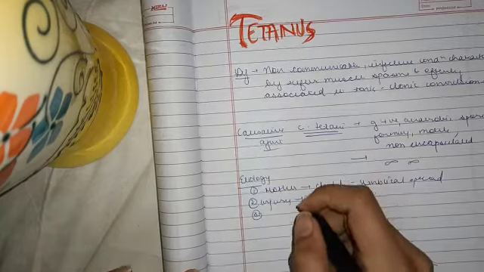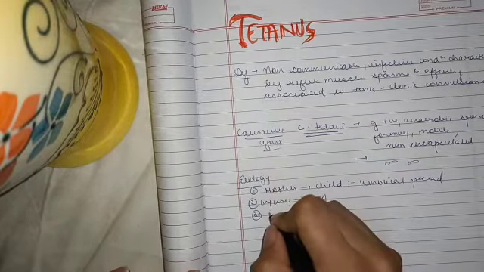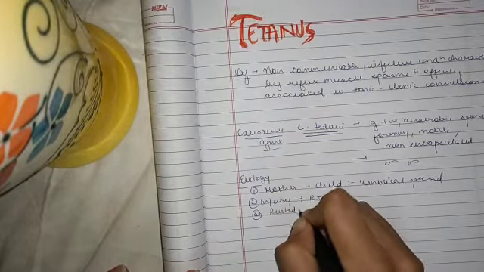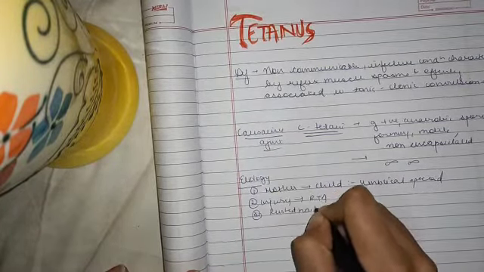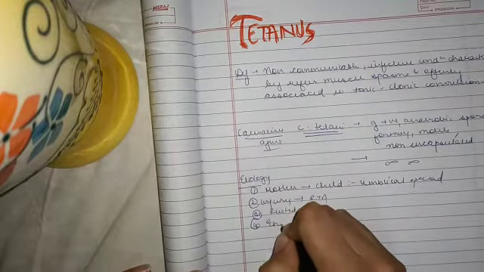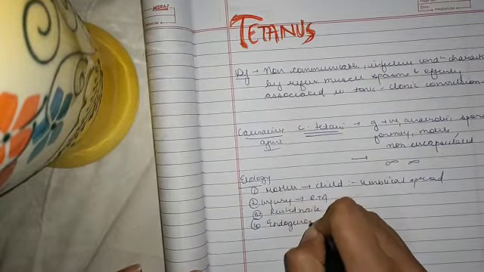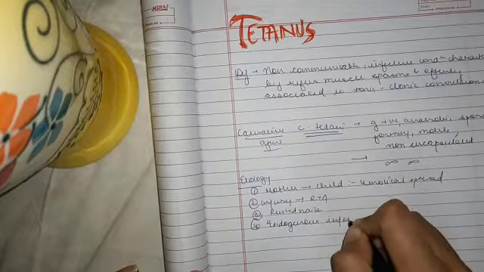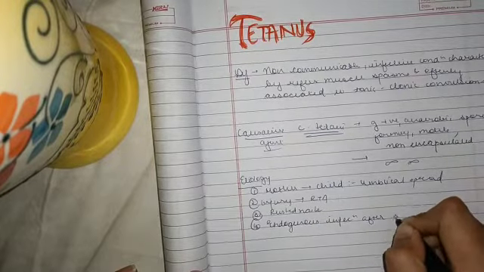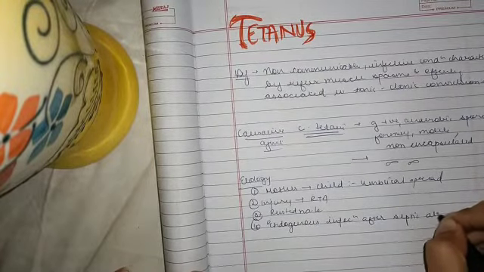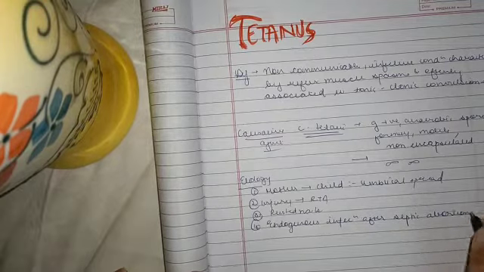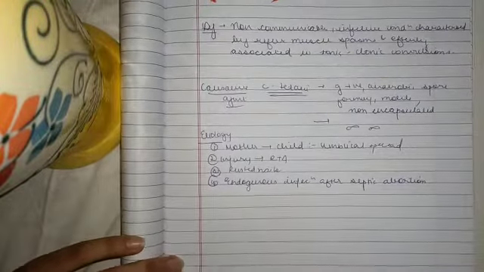Then another one is when a person has rusted nails. Then there is another one, an endogenous infection after septic abortion. We will discuss all the types as well, and then you will know that there are more etiologies to it.